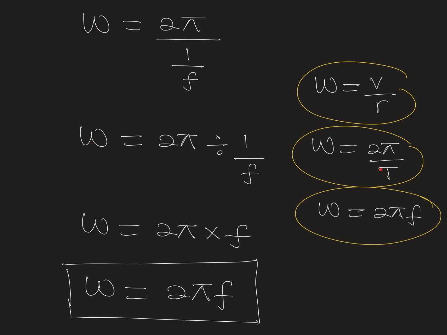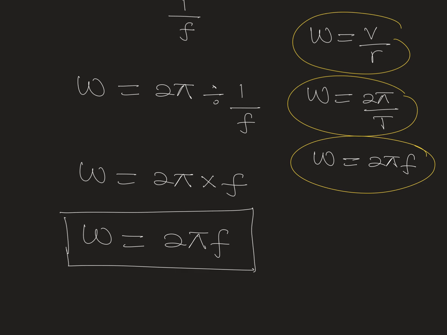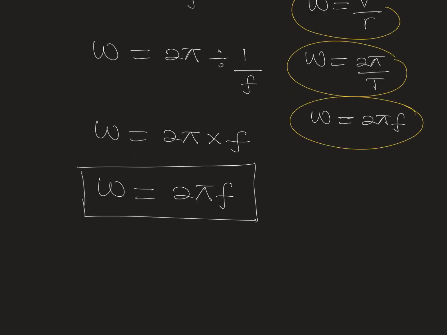If they give you the period, it's just going to be 2 pi divided by the period. If they give you the velocity or the speed of the object with the radius of the circle, then by dividing the velocity by the radius of the circle, you will be able to have the angular velocity. Okay, that is all we have for you for angular velocity.